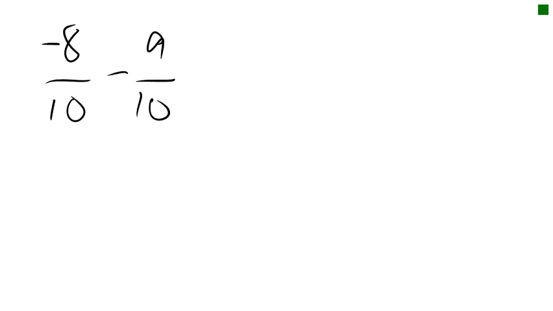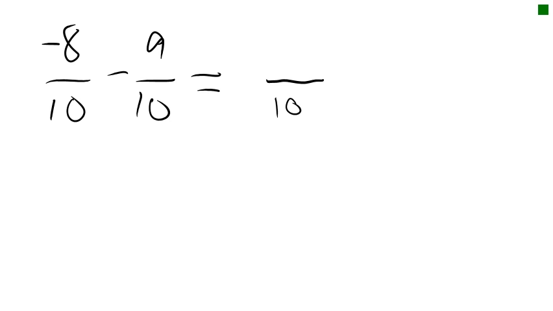Okay, so let's move on to subtraction. We have negative 8/10 minus 9/10. Remembering our negative integers and the rules for that, we're adding a negative or taking away from a negative, so we're going to go farther left. It'll remain negative. Next, remember our denominator stays the same.